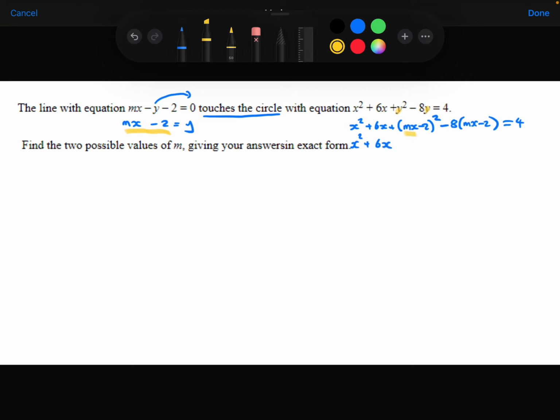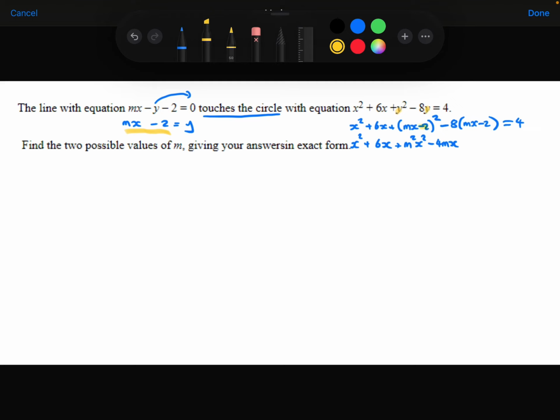We've got mx times mx, which is m squared x squared. We've then got the mx times the minus 2, which is minus 2mx, but there would be two of those, so minus 4mx.